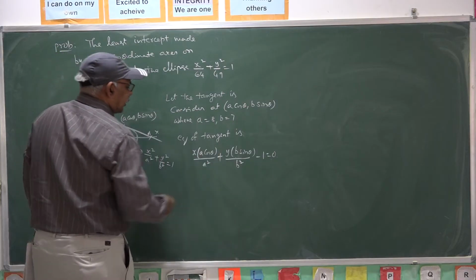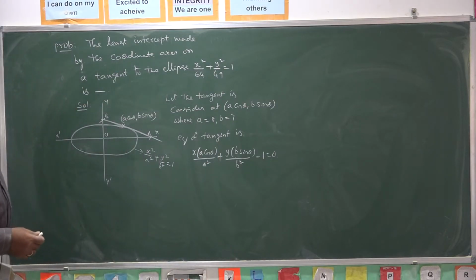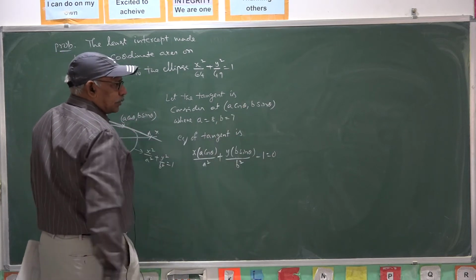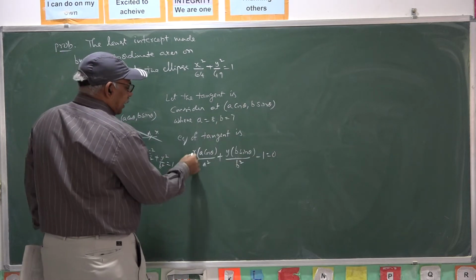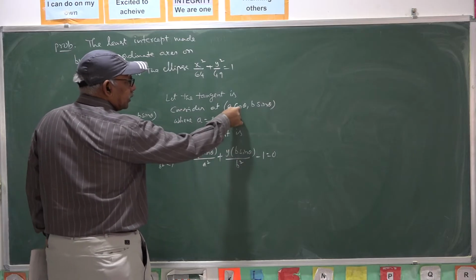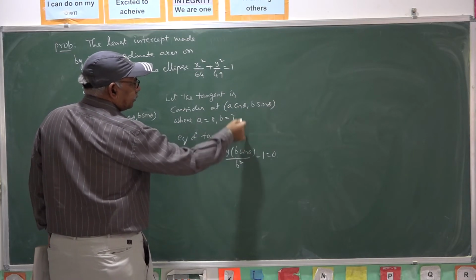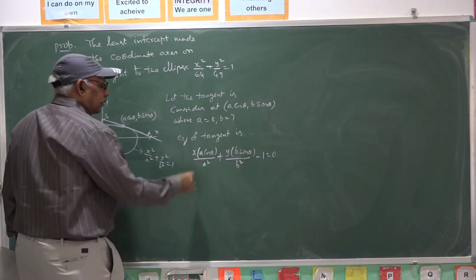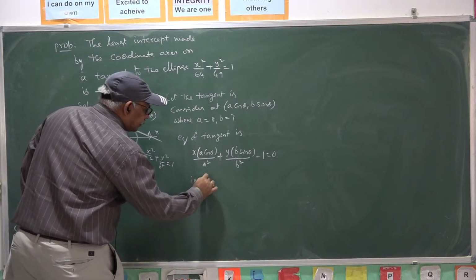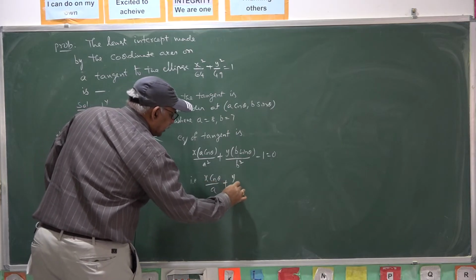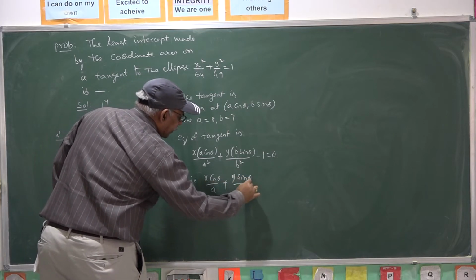So, the equation of the tangent at the given point a cos theta, b sin theta is x into x1, x1 meaning the x coordinate of the point, by a square plus y into y1 by b square equal to 1. That gives us x cos theta by a plus y sin theta by b equal to 1.